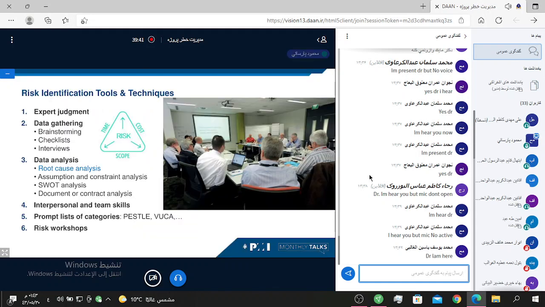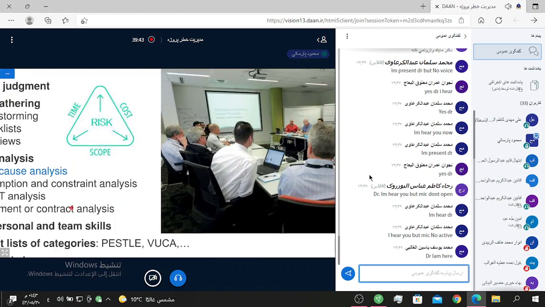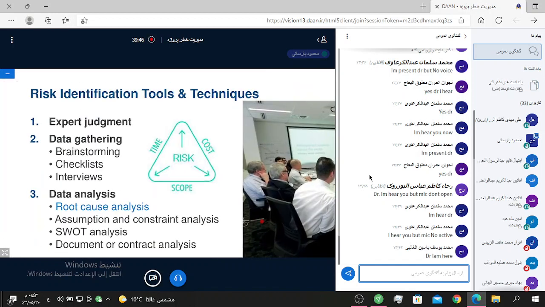Okay. And about risk identification tools and techniques. Risk is about the objectives of the project, in the rectangle of time, cost, and scope.